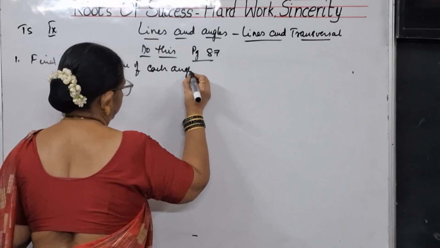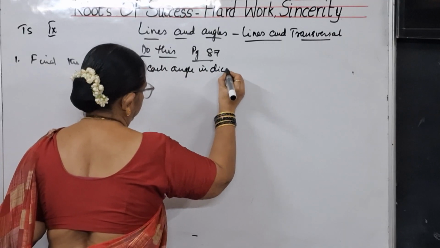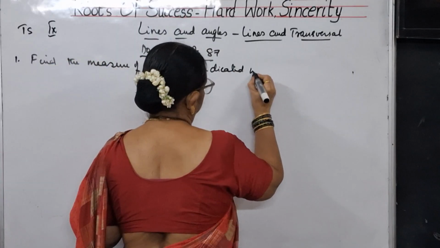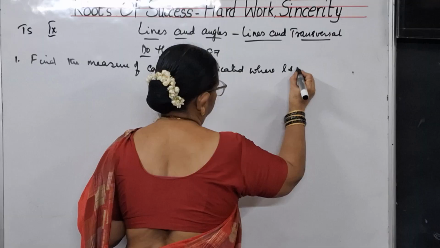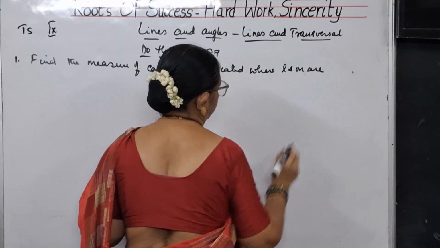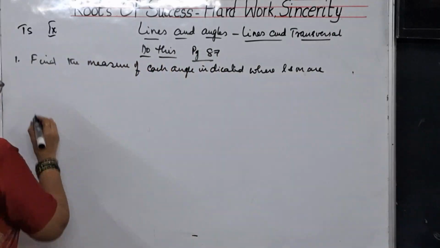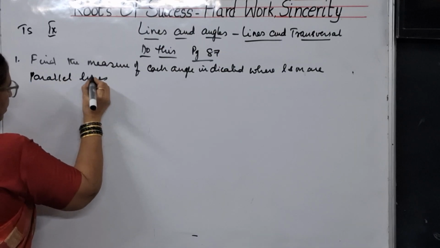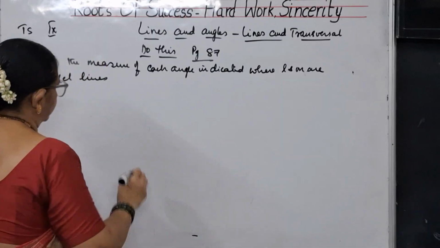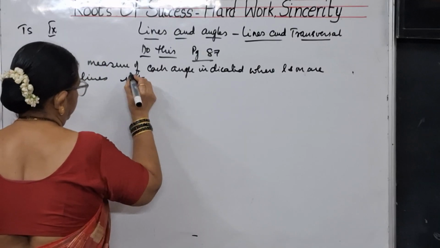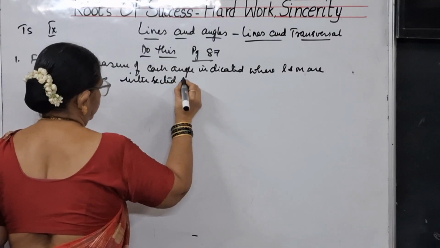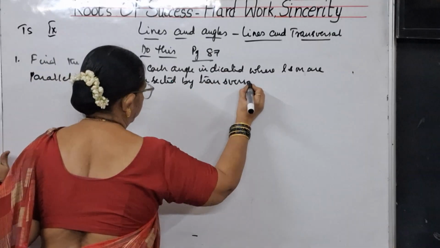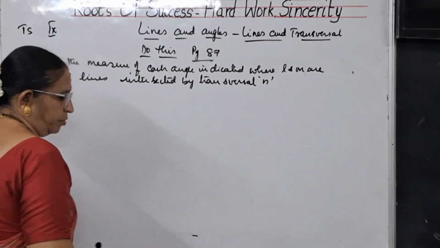Each angle indicated, where L and M are parallel lines intersected by transversal N. This is the problem given to you, children.